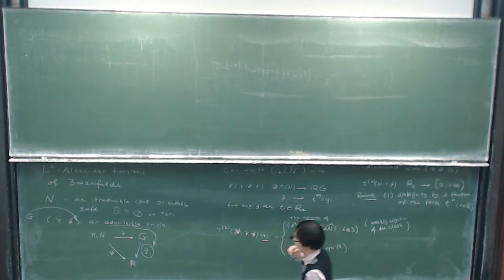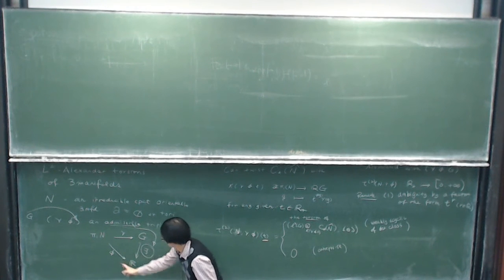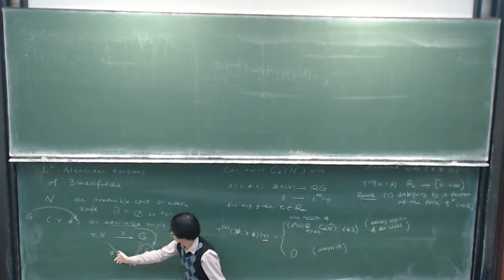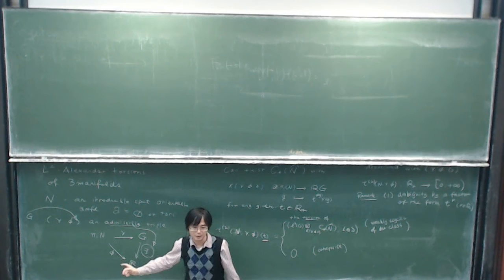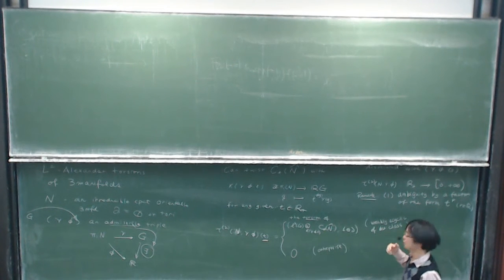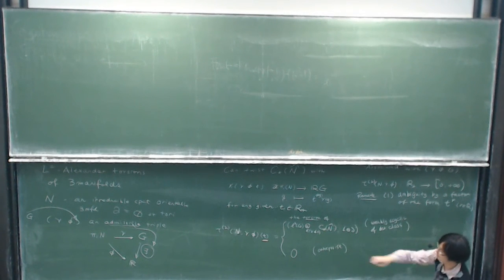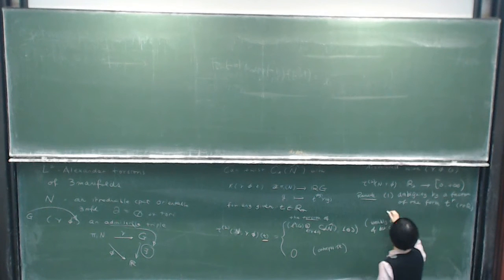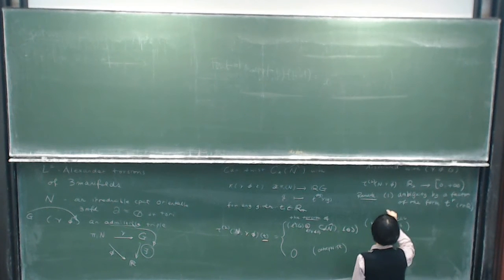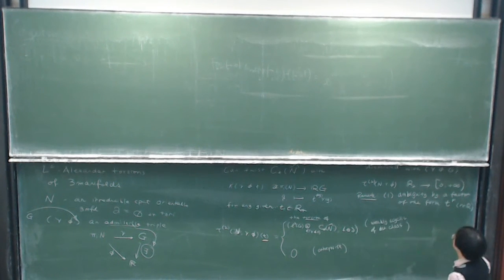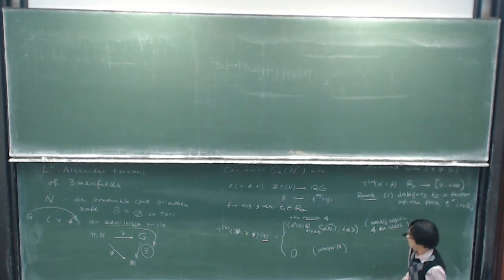For example, you can try to consider whether or not the function you define is actually continuous in phi. But at this point, since we have this ambiguity, we cannot directly talk about its continuity in the cohomology class. So this is basically the definition of the Alexander torsion.